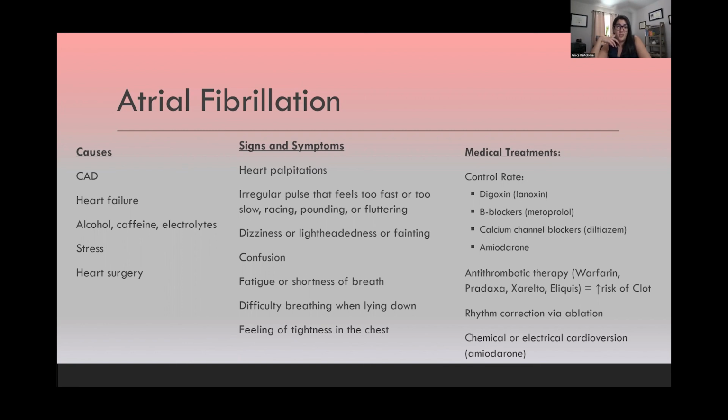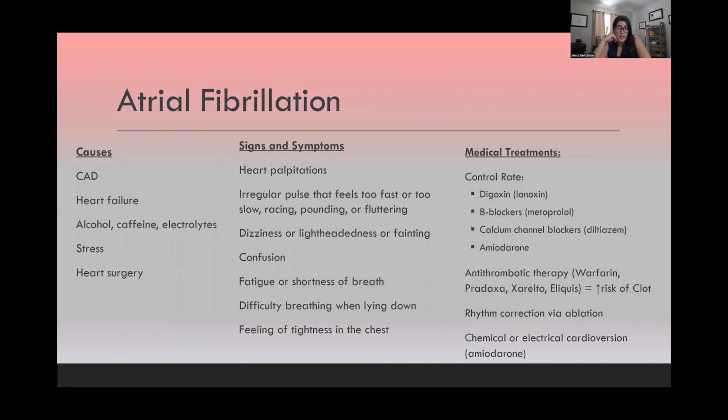I had a physician that I work with that this happened to. The medical treatments are, first of all, we got to control the rate because it's going too fast in the atriums, and we can give digoxin. We can give beta blockers like metoprolol, calcium channel blockers, or amiodarone.